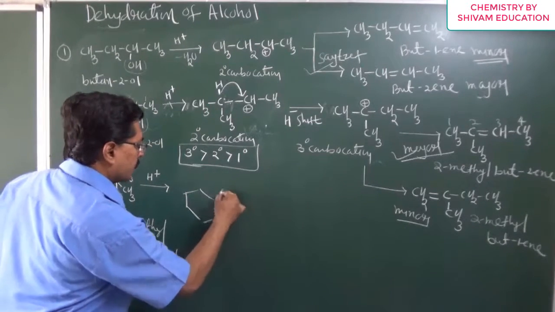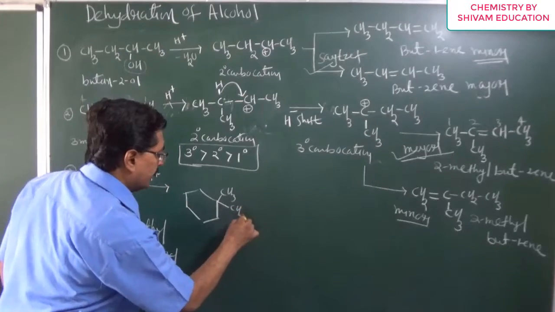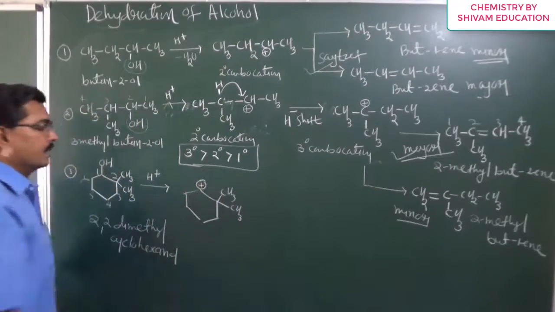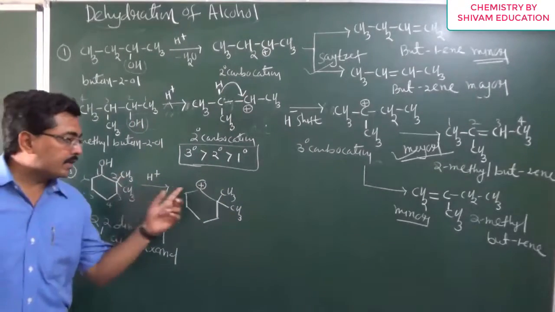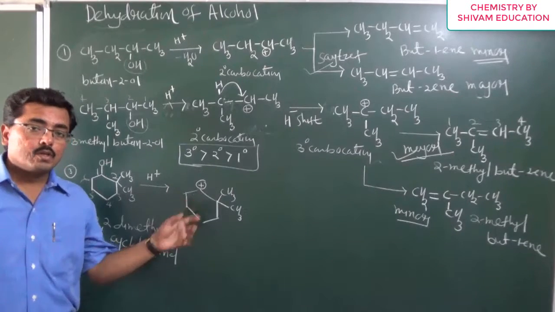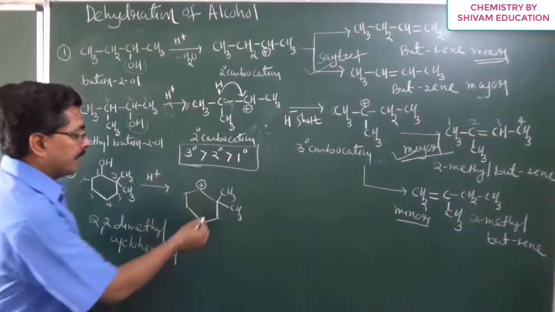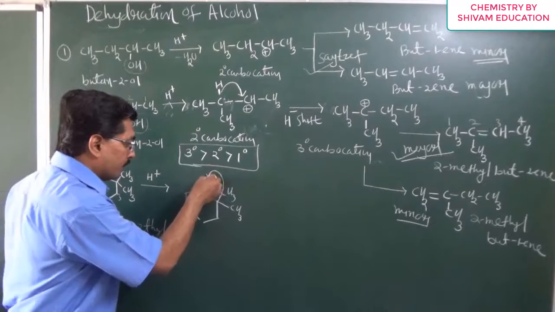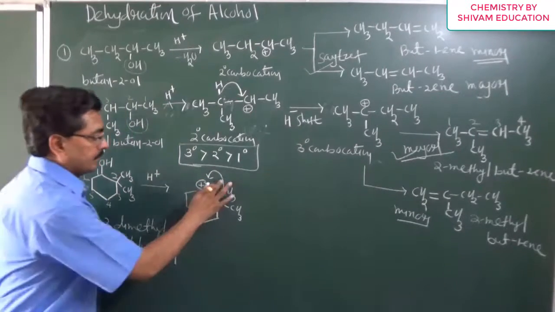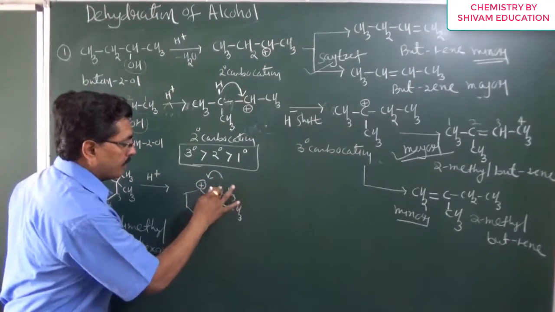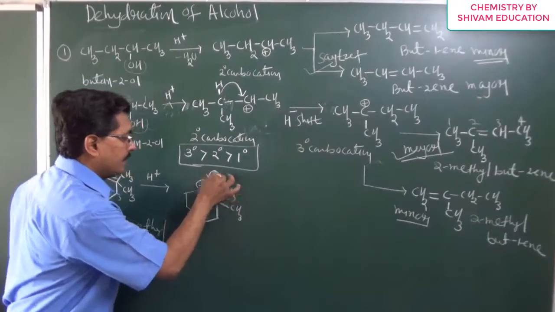Now here this 2-methyl group remains as it is and we have obtained the carbocation on this carbon. Now here this is a secondary carbocation. So in order to obtain stability here, this methyl group with its electron pair shifts to this carbon atom.